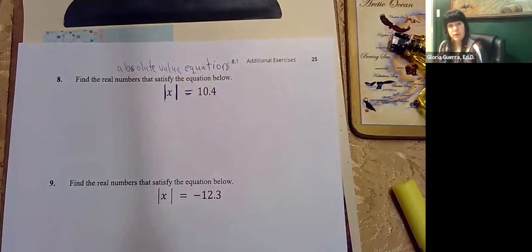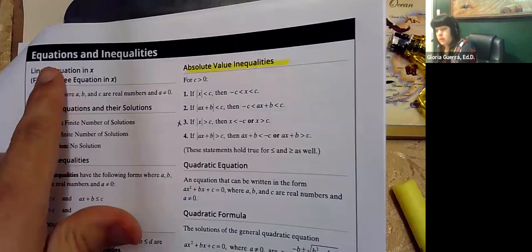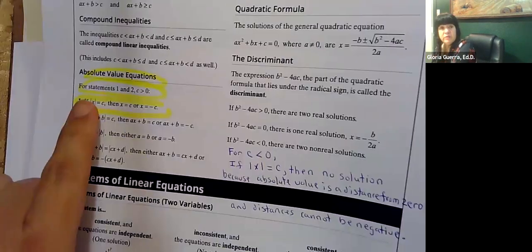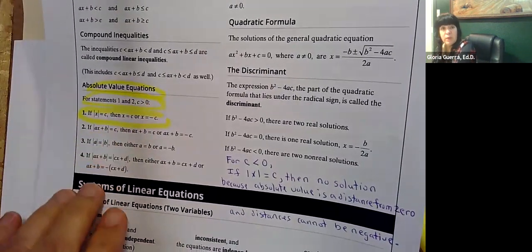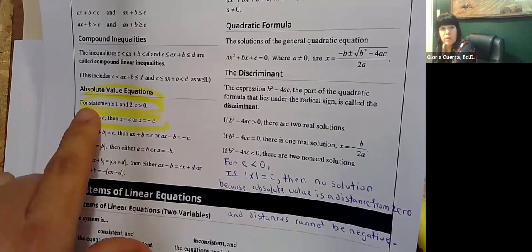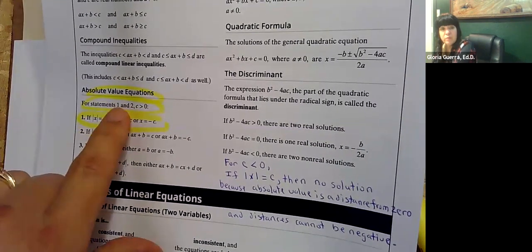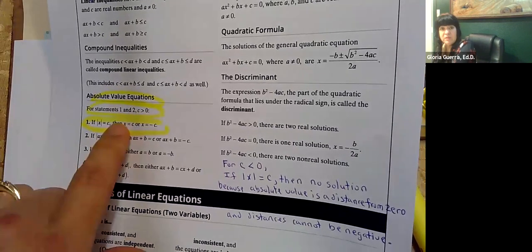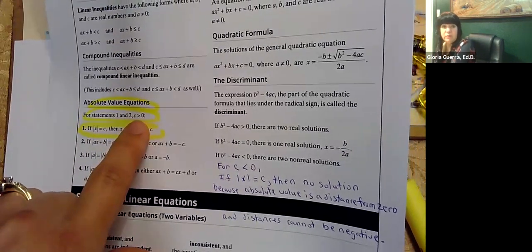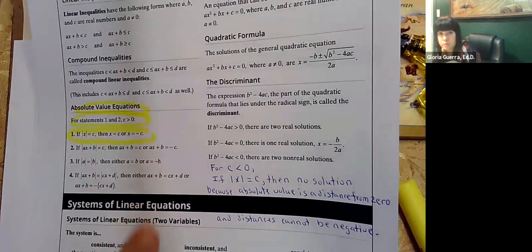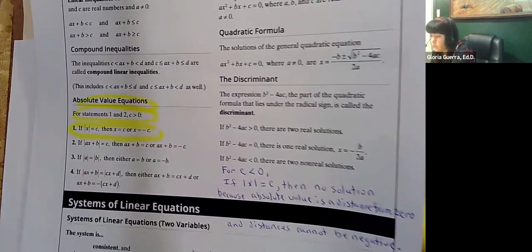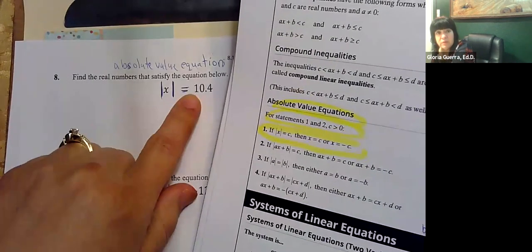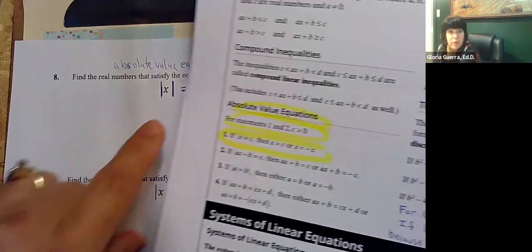Okay. All right. Now, when you look at this sheet, it's called equations and inequalities. I want you to notice down here, see how it says absolute value equations? So you see your choices here. And it says for statements 1 and 2, for both of these statements, C has to be greater than 0. And you want to look for something very similar to this, absolute value of x equals 10.4.